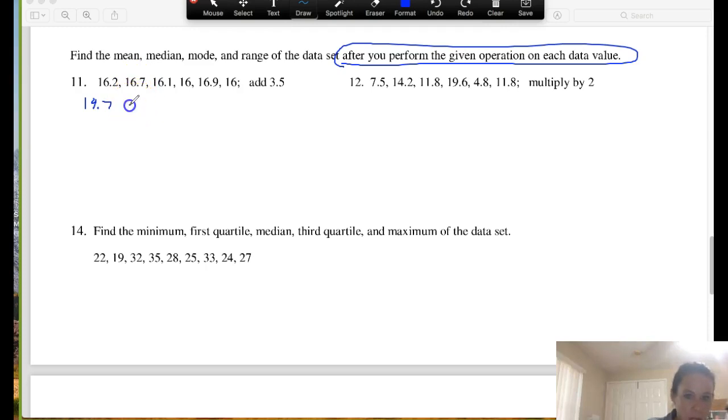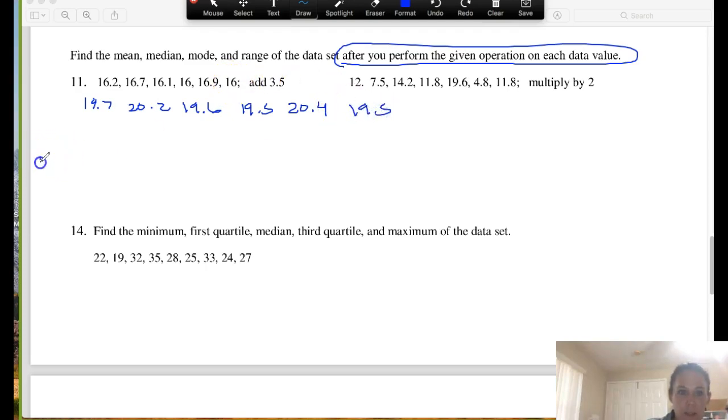This becomes 20.2. This becomes 19.6. 16 becomes 19.5. And I'm just writing them out a little further. 16.9 becomes 20.4. And then 16 again becomes 19.5.